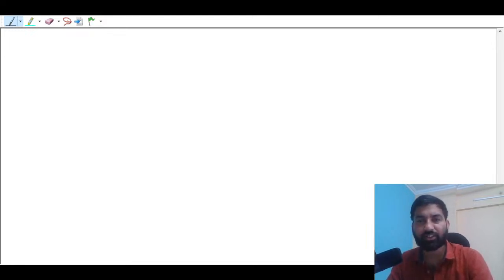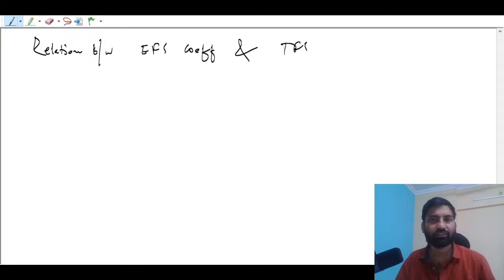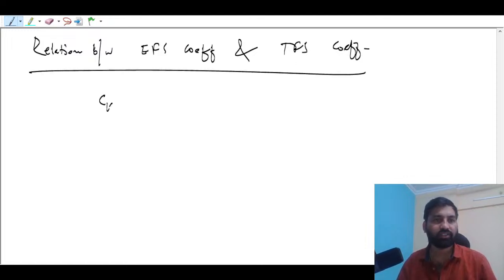You don't have to separately go through it, because there is a formula, the relation between EFS coefficient and TFS coefficient. I have told you that CK is nothing but EFS coefficient, AK minus JBK by 2.